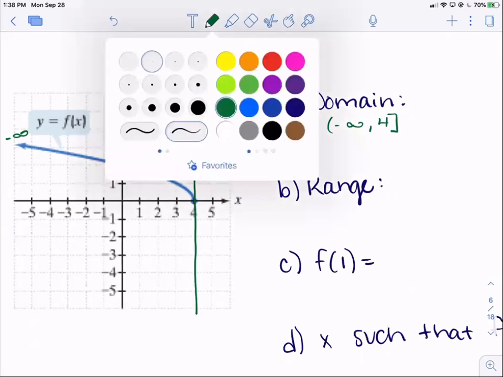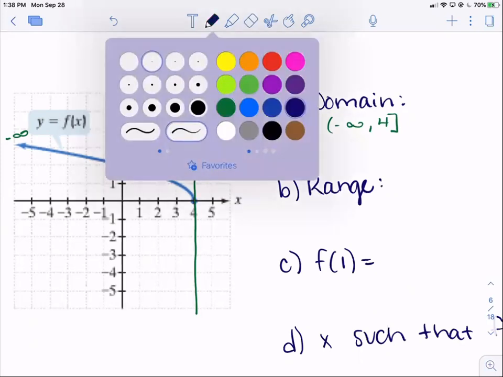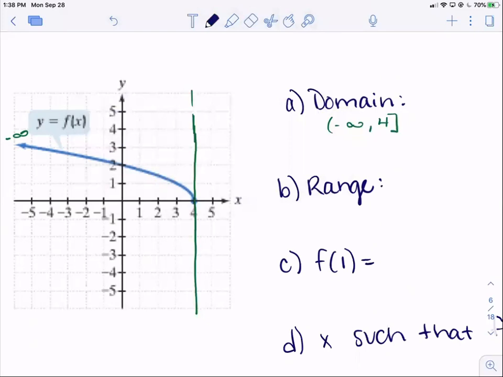What about our range? What's our bottommost y value? 0, with a bracket because it's got a closed point. And then what about the uppermost point? It's infinity because it's going to keep going up, which means it's positive infinity.